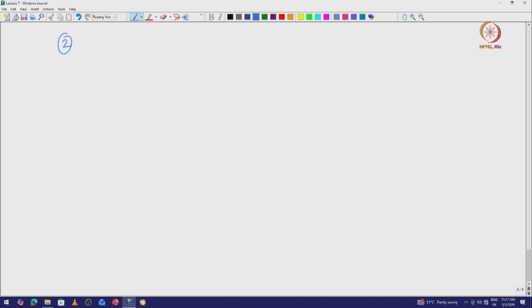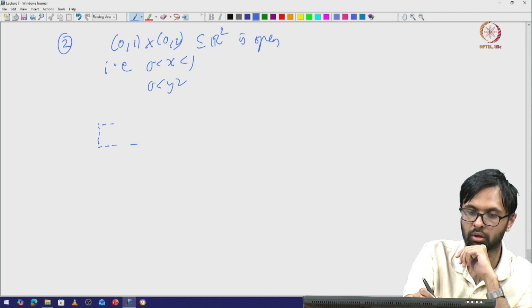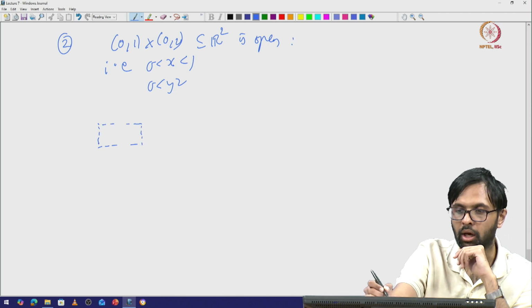What about an open rectangle? Suppose I take (0,1) cross (0,2), that is, x lies between 0 and 1 and y is between 0 and 2. It is open. If we draw a picture, it will look like this. Again, how do you prove that?